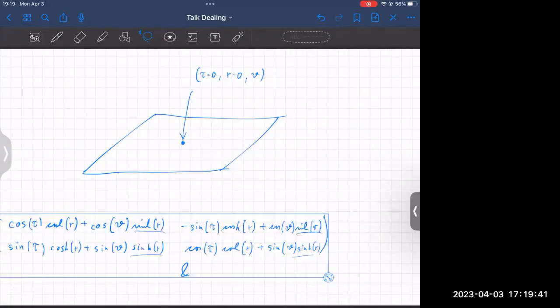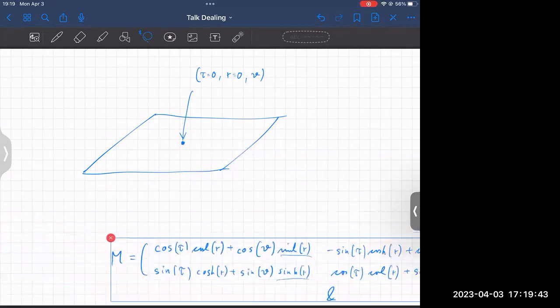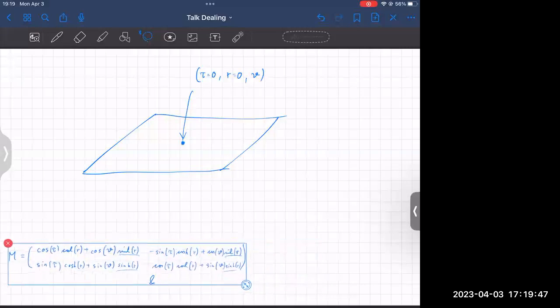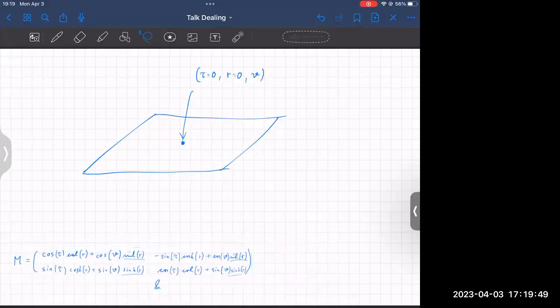Let's place that somewhere here to the side. If we call this M of tau, r, theta, then we have M of 0, 0, theta equal to the identity.